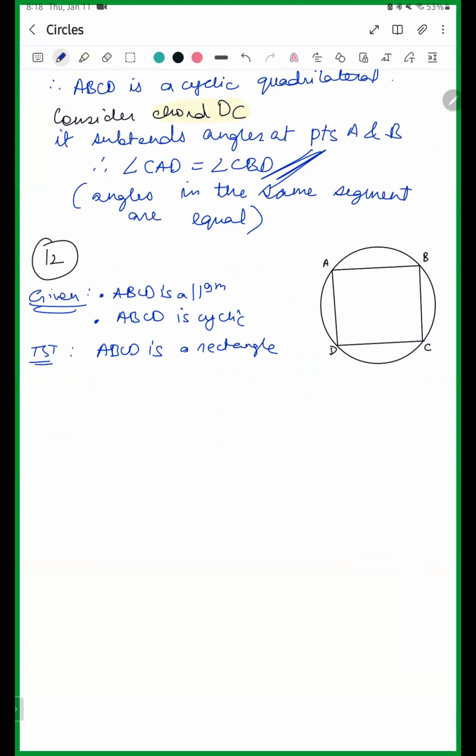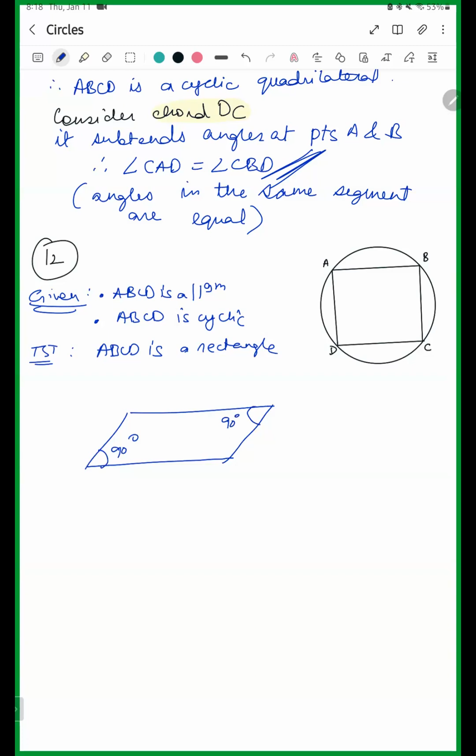Now, to show a rectangle, see, if you have a parallelogram whose one angle is 90, that means it is a rectangle, right? Why? Because when you have a parallelogram, and if this angle is 90, let's say, if just one angle is 90, then we know that in a parallelogram, opposite angles are equal, so this will also be 90.